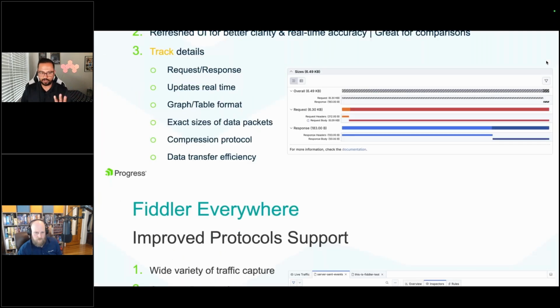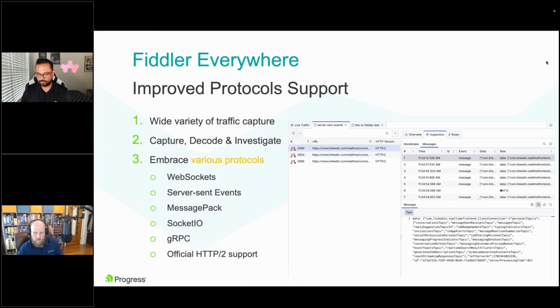Now, nothing a whole lot new in here, but we always like to mention just the flexibility that Fiddler Everywhere brings to the table. It's for you to capture every type of traffic, decode and investigate every type of traffic. That includes a lot of different protocols. So HTTP is kind of a given. That's how the web works. But maybe you are using modern web, which is using HTTP2.